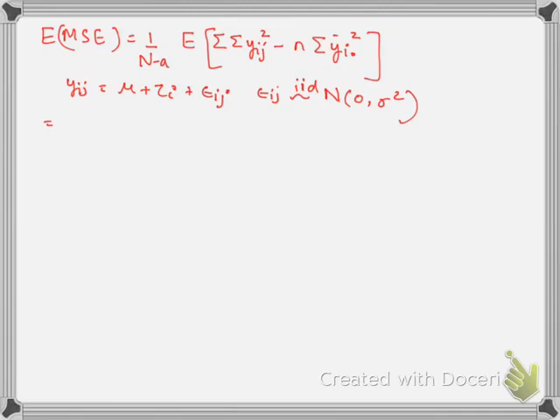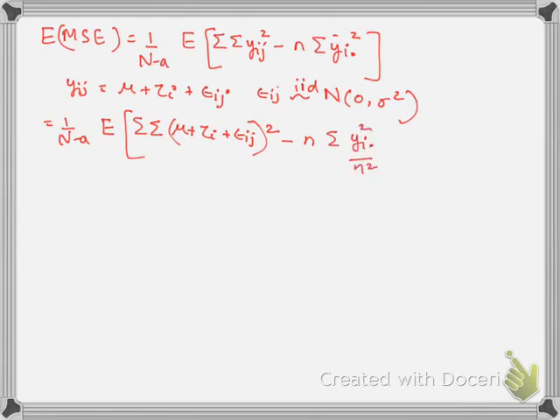So this becomes 1 over n minus a times the expected value of the double summation of mu plus tau i plus epsilon ij, whole squared, minus n times the sum of yi dot squared over n squared.